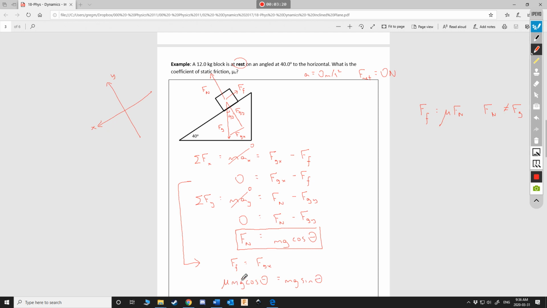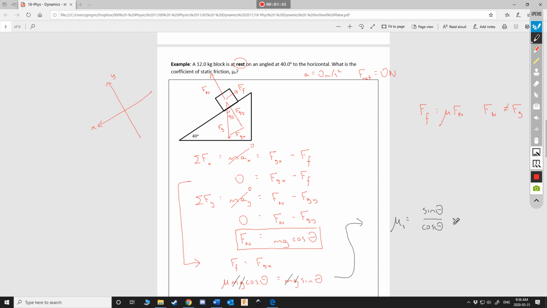Look at this. We see that mass is on both sides of the equation. Gravity is on both sides of the equation. And if we divide both sides by cos, we get mu is equal to sine theta over cos theta. And that is what our coefficient of static friction is going to equal.